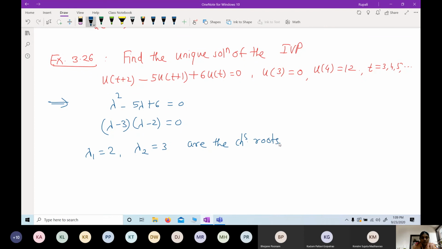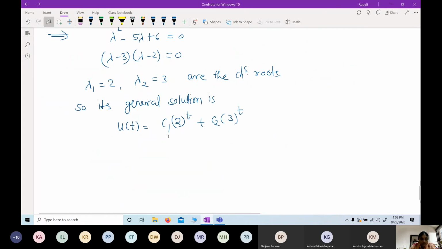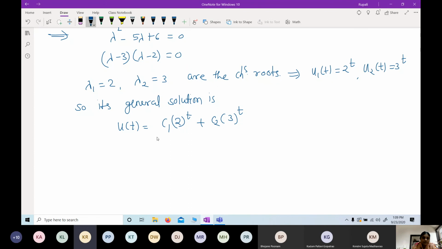So its general solution is given by u(t) is equal to c1 u1(t), where u1(t) is my 2 raised to t, plus c2 times 3 raised to t, right? General solution. Are you getting this? Yes, ma'am.